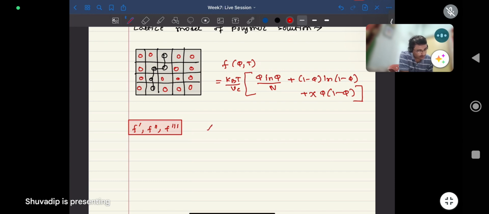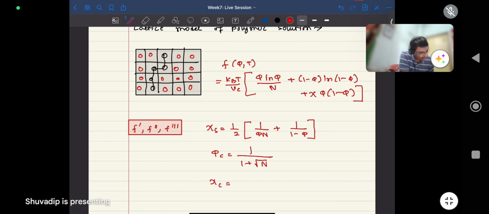So chi will be half into 1 by phi n plus 1 by 1 minus phi. For phi c, which was earlier half, it has now changed to 1 by 1 plus root n. And chi c, the critical value, we will get by putting phi c in the above expression: half into 1 by n into 1 plus root n, plus 1 plus root n by root n.